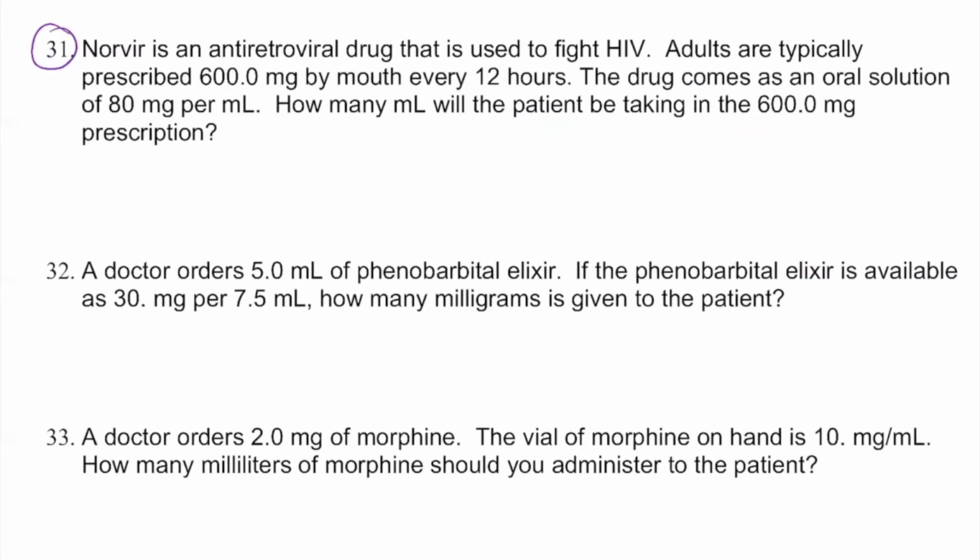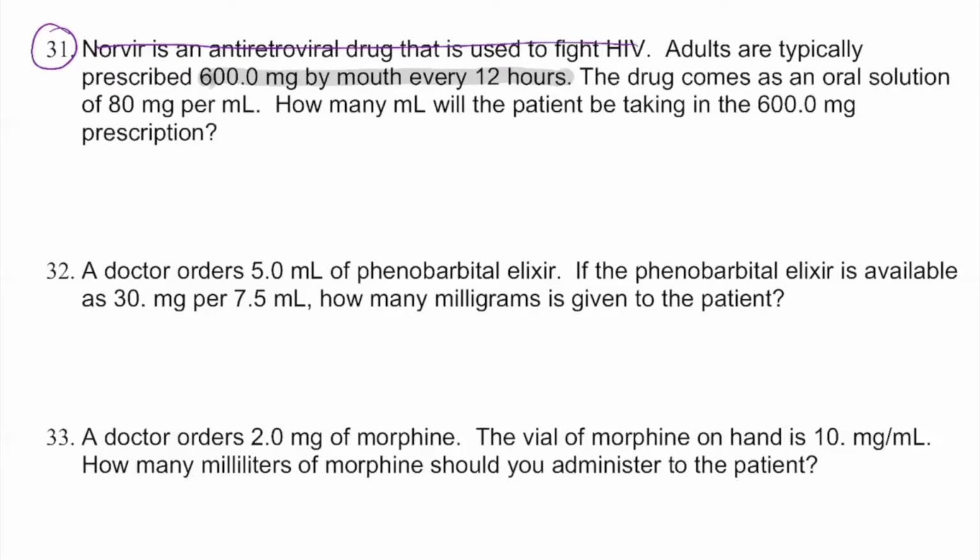So the next one I'd like to try is number 31. Norvir is an antiretroviral drug that is used to fight HIV. We don't care about any of that, so that doesn't matter right there. Adults are typically prescribed, and so here's one value that we're given, 600 milligrams by mouth every 12 hours. That is a potential conversion factor.